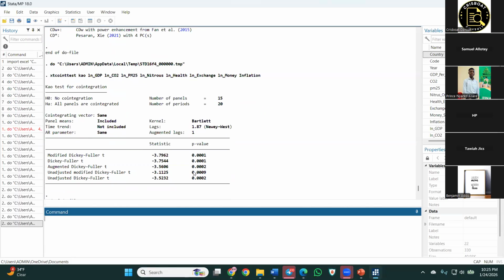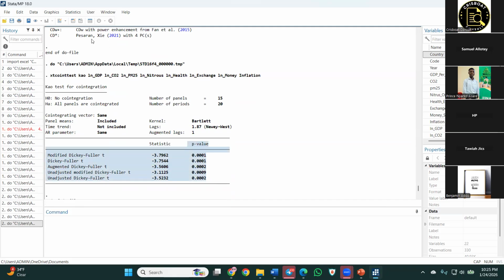Like what we did here. The co-integration, we did the p-value, and then the null hypothesis says that there is no co-integration. And we said that if the p-value is less than 0.05, it means it's significant. And if it is significant, we reject the null hypothesis.